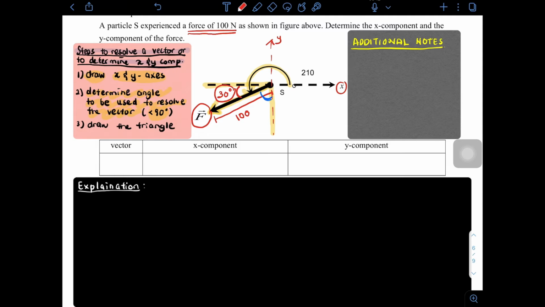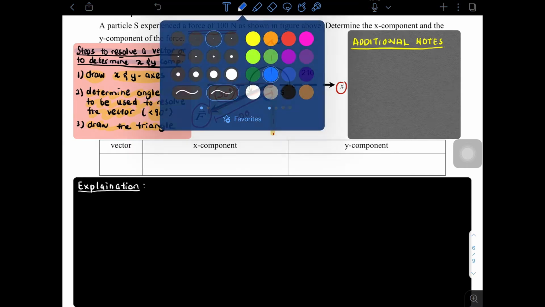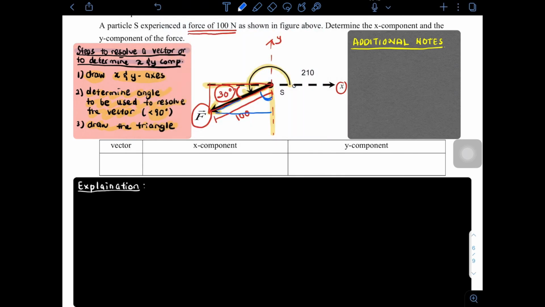The third step is to draw the triangle where the vector is. From this diagram, you have two possible triangles: the first one is the red one, and the second one is the blue one. It depends on which angle you are using.